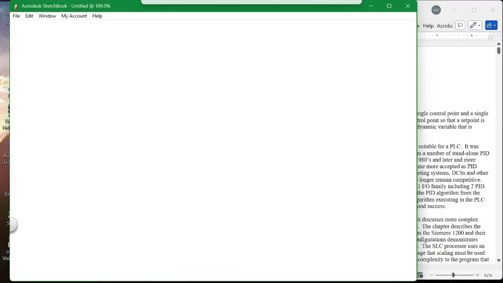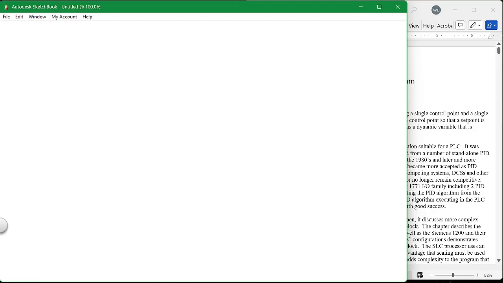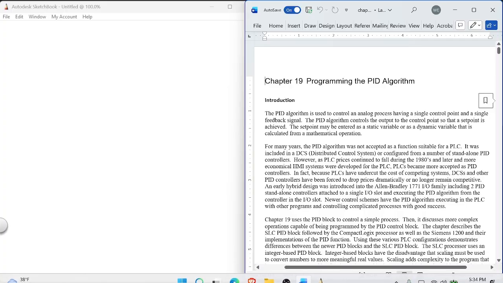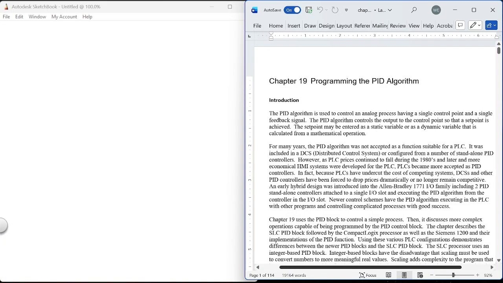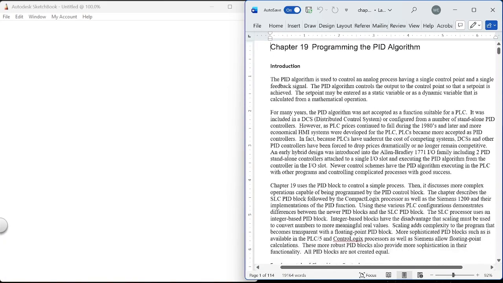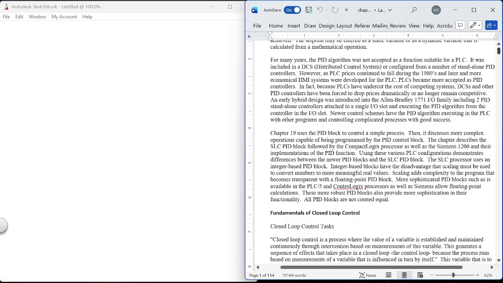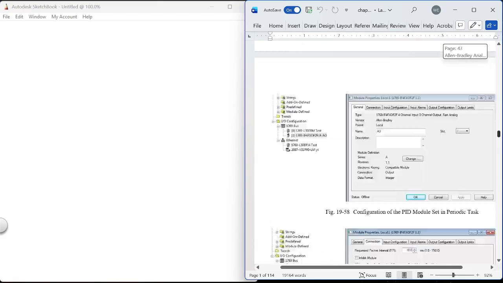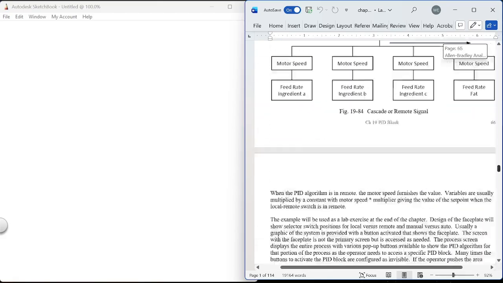There are three other areas I would like to talk to you about, and two of them have to do with what we were talking about before, and another one is programming of the PID block in the manual mode. So those things we want to cover tonight in this chapter, and we want to get into chapter 20 on safety, just a little bit if we have time.